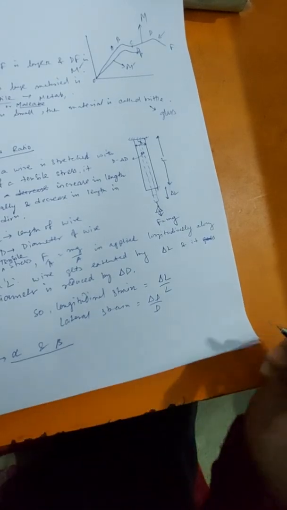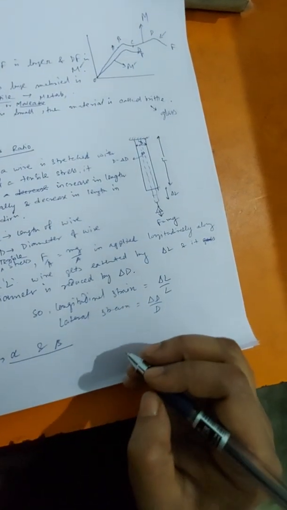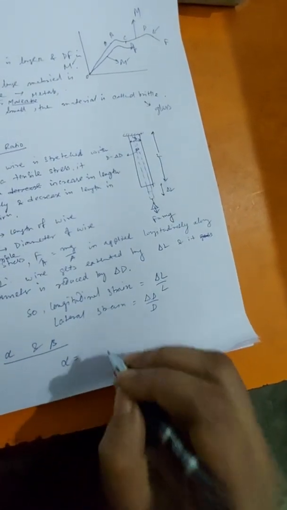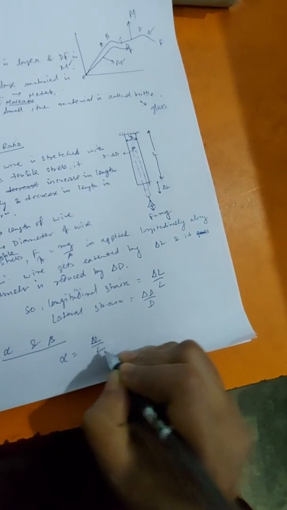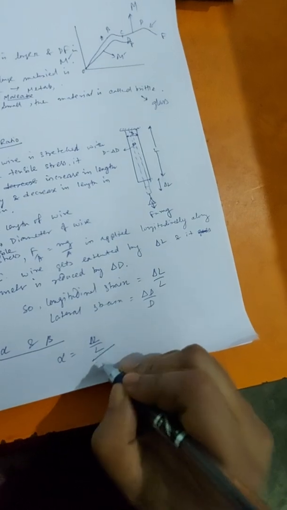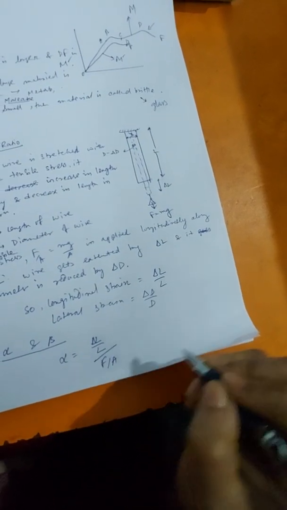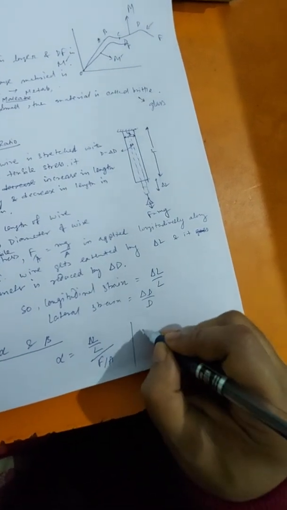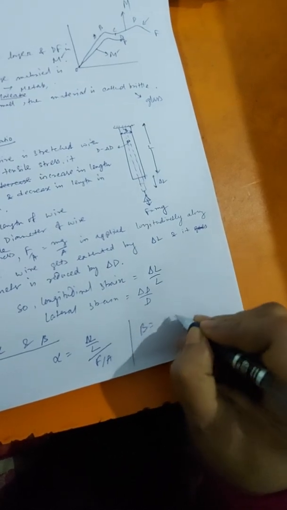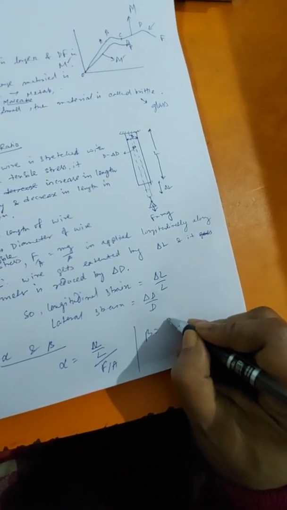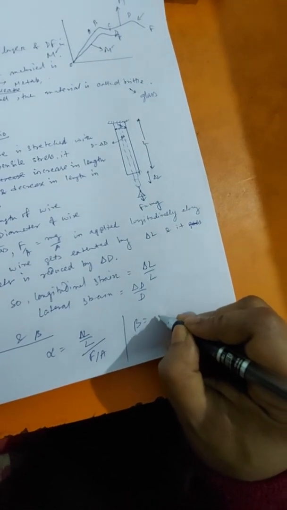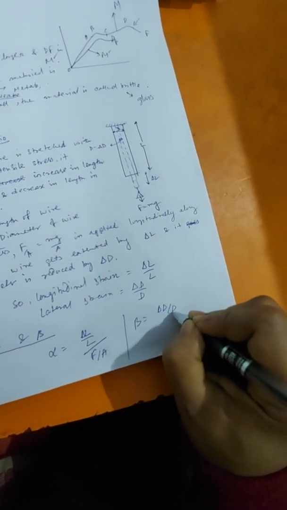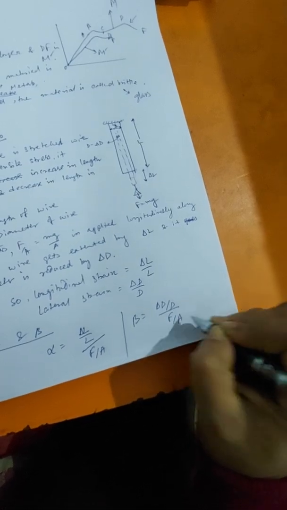Alpha is defined as the longitudinal strain per unit stress. The longitudinal strain is delta L by L per unit stress. Stress is force by area, and beta is defined as lateral strain by the stress, that is delta D by D divided by F by A.